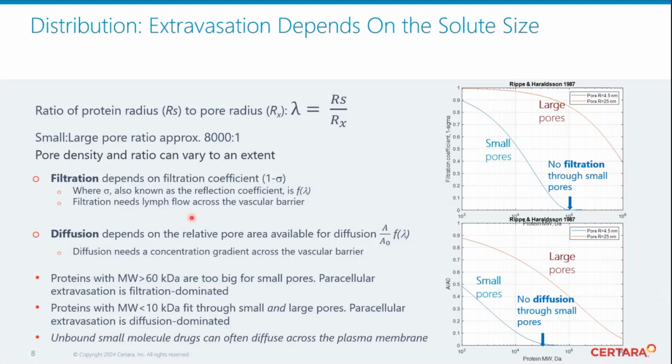And essentially, they just pumped through that isolated skeletal muscle solutions of proteins of different sizes at different flow rates. So that's how they established the hydrodynamics and quantified the model. So it turns out that the small pores most likely outnumber the large ones by a factor of 8,000 to 1.